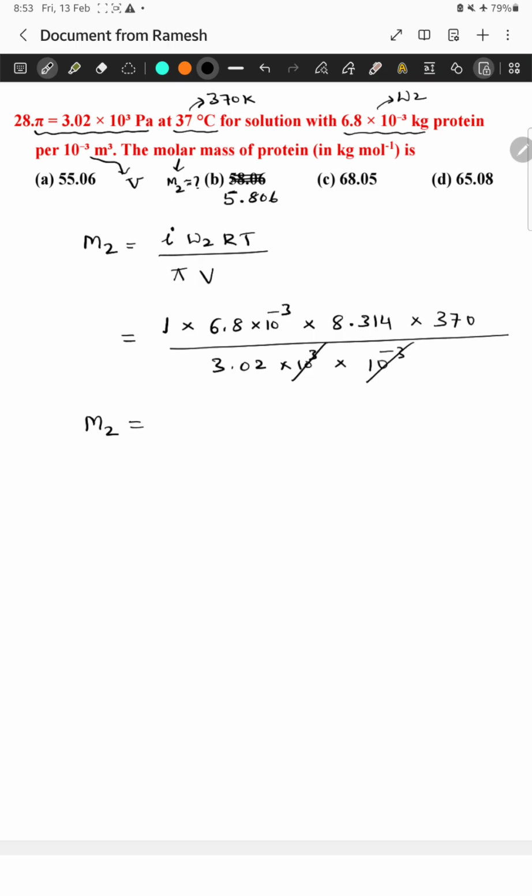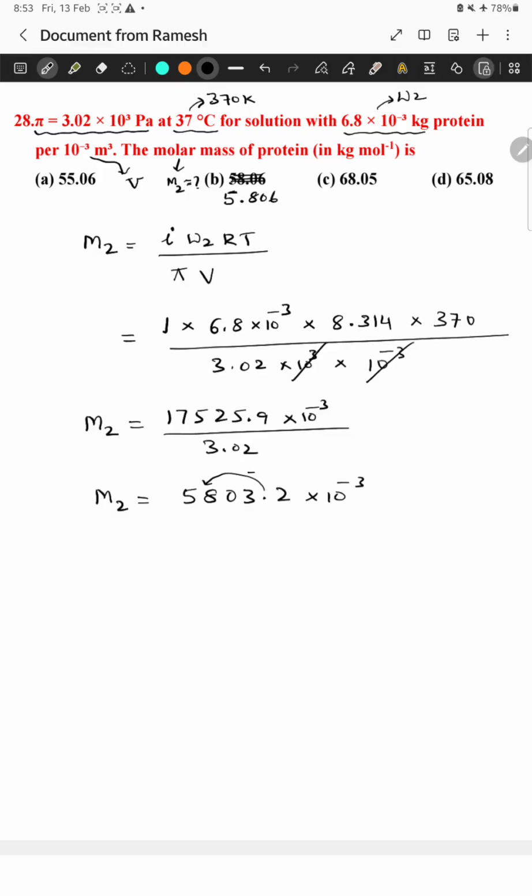Then you will get M2 will be 17525.9 into 10 power minus 3 in the numerator divided by denominator 3.02. So further simplification, M2 will be 5803.2 into 10 power minus 3. Now you can shift the decimal to the left side. So 3 digits we are shifting to the left side means plus 3. So this plus 3 and 10 power minus 3 cancel out.